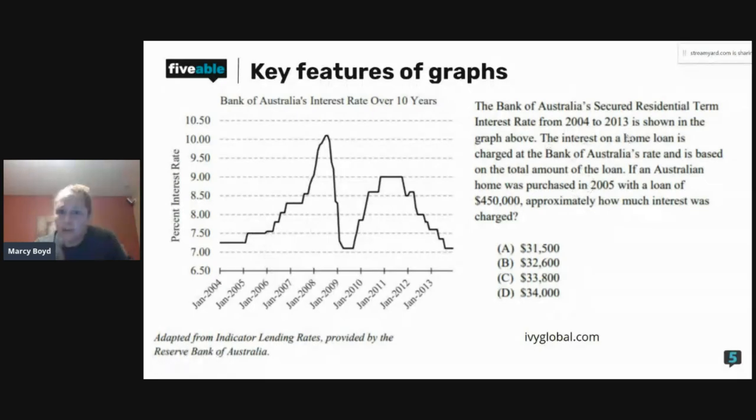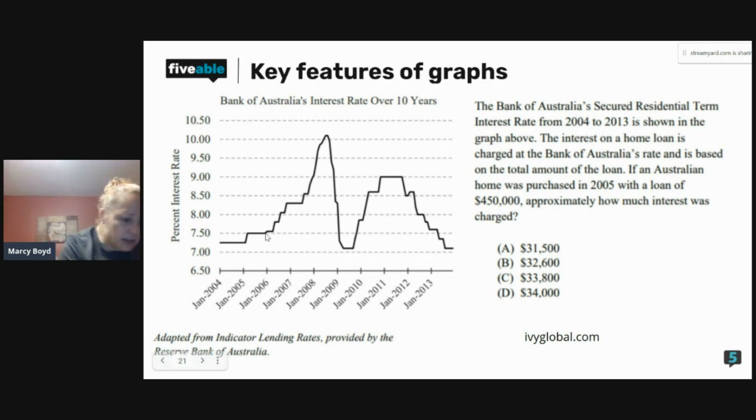So it just says the interest is charged based on the total amount of the loan. So we went into 2005. Now I know that the lowest interest amount that was charged would be 7.25, 0.0725, right? Times 450,000. My highest, I said, would be 7.5.